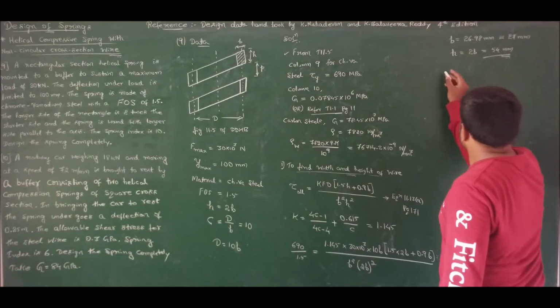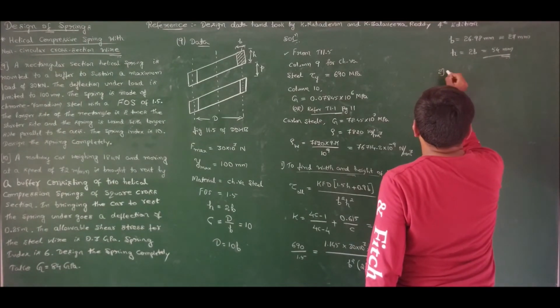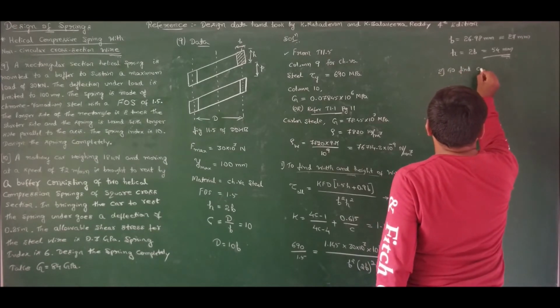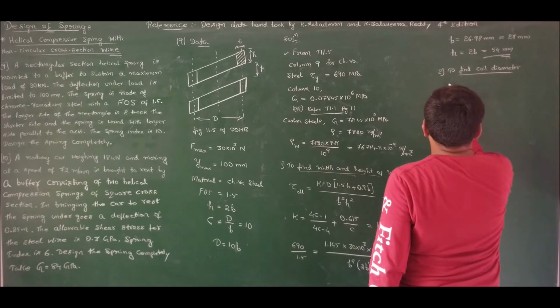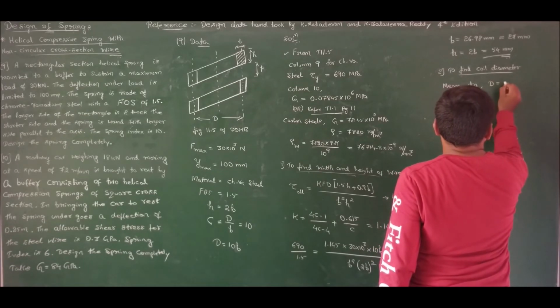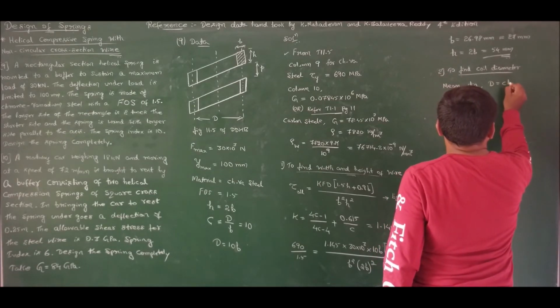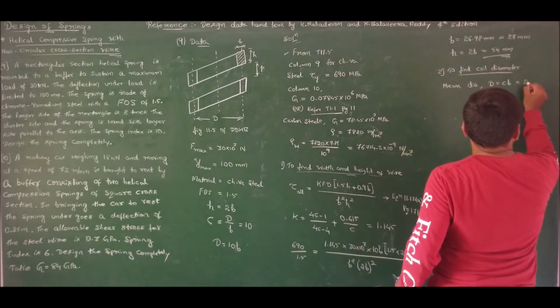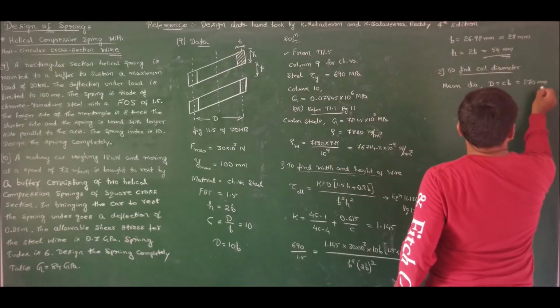Now moving to step 2. Step 2 is to find the coil diameters. We know that mean diameter D is equal to C into small b. C is 10, b is 27, so I get 270 millimeters.